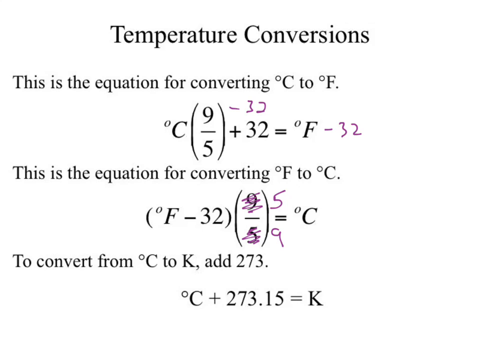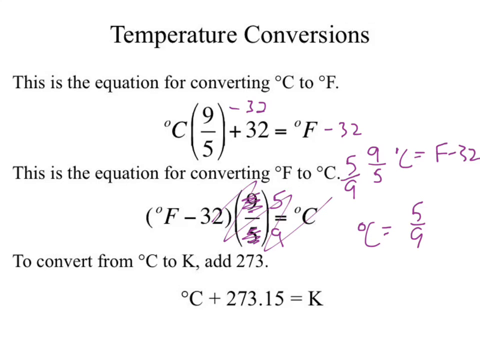We would end up with 9 over 5 times degrees Celsius equals Fahrenheit minus 32. Multiply both sides by 5, divide by 9. We get degrees Celsius equals 5/9 times Fahrenheit minus 32. You memorize one equation, you can algebraically shift it into the other.